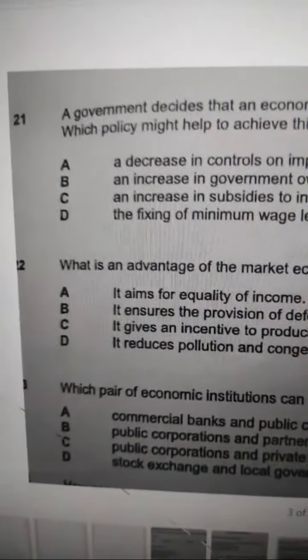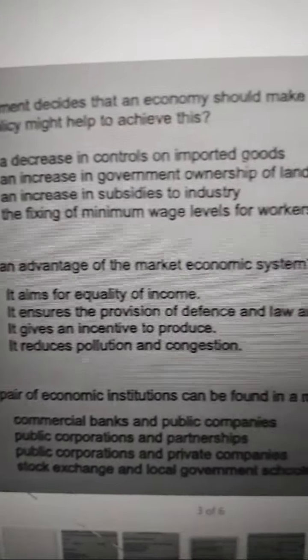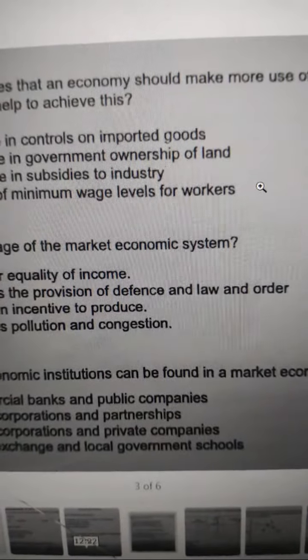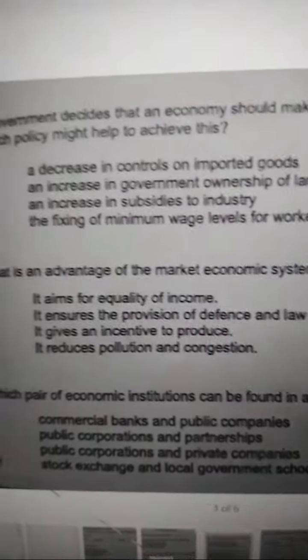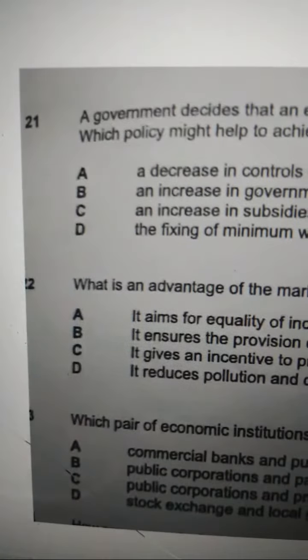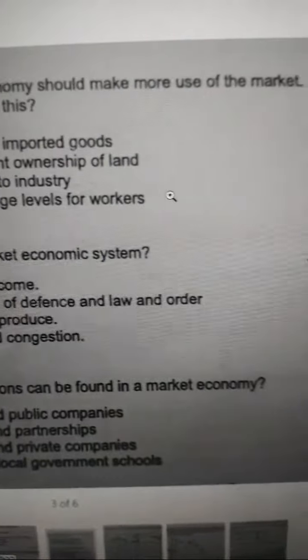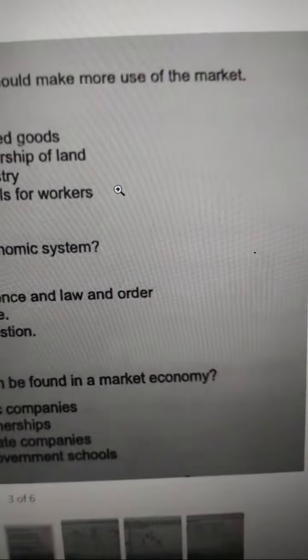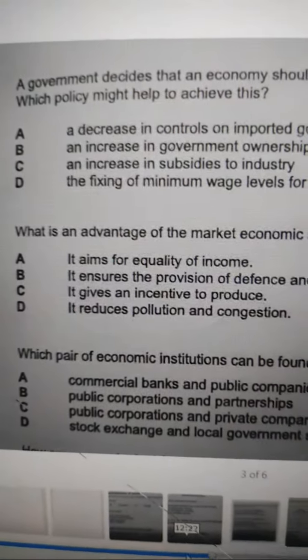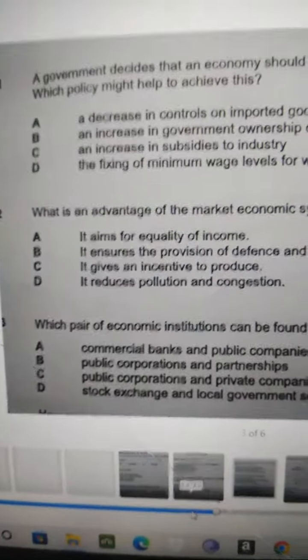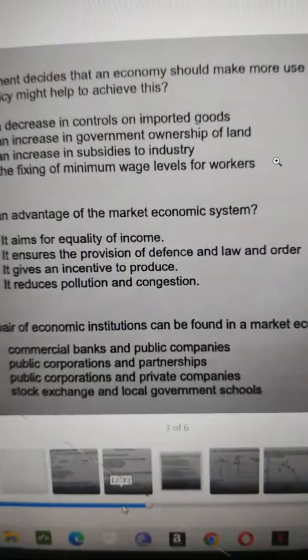If I pick C, an increase in the subsidies to the industries, that is also increasing the role of the government because it is the government which gives the subsidies. So it means that you are moving towards more of a centrally planned economy. D, the fixing of minimum wage levels for work, that is also done by the government.